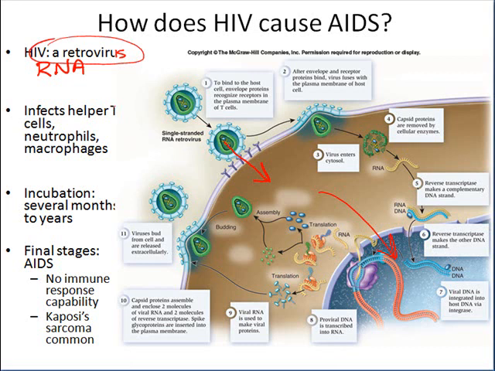The HIV virus, when it infects people, it preferentially infects CD4 cells, helper T cells. Also, it will infect some macrophages and neutrophils, but principally it's CD4 cells that get attacked by HIV virus. And the problem with this, as you remember, is if I destroy the helper T cells, I've destroyed my checkpoint for the immune system.